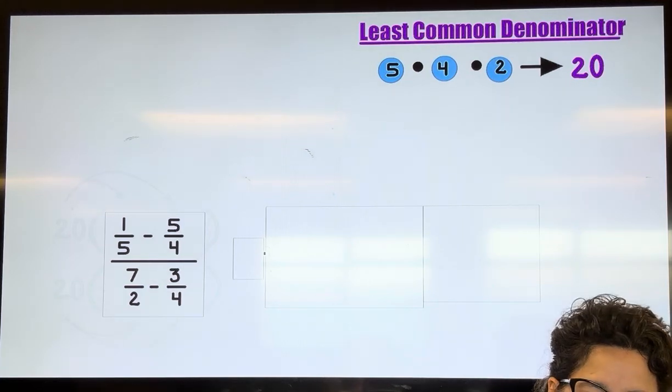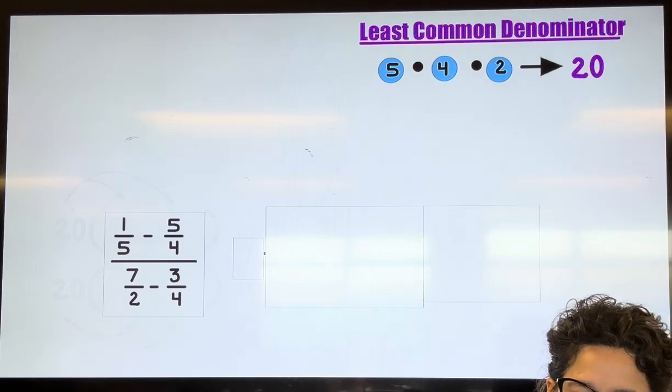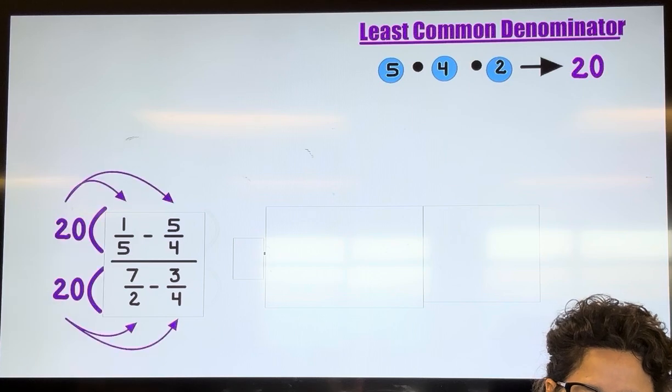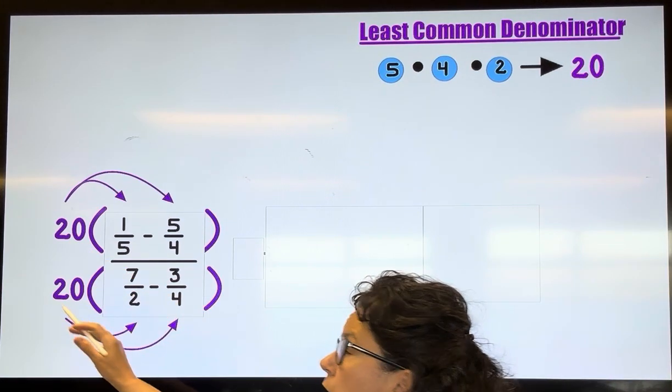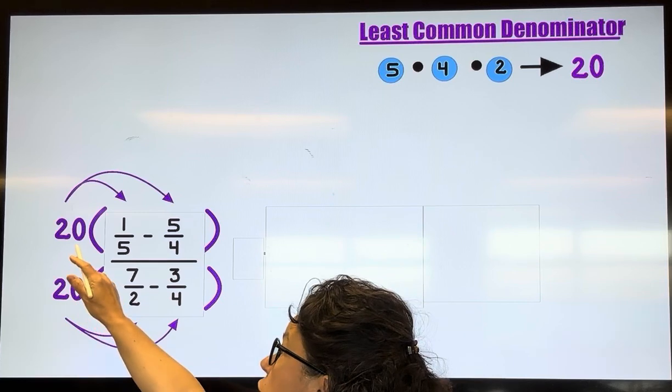So if I did decide to go with 20, which is just a great way to show this process one extra time here, I'm going to choose to multiply, instead of top and bottom by 40, by 20.